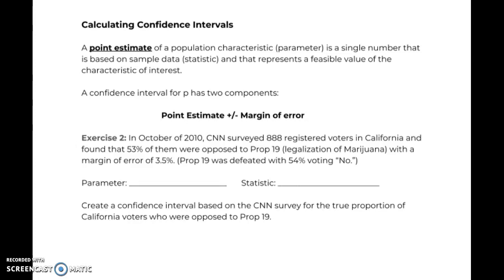So just to look at an example over here, we are looking at 53% of the sample who were opposed to Prop 19 with a margin of 3.5. And then it says later on it was defeated with a 54% no vote. So our parameter over here is our population value. That's the 0.54 that voted no. Our statistic was the 53% in the sample that voted no, and that was 0.53.